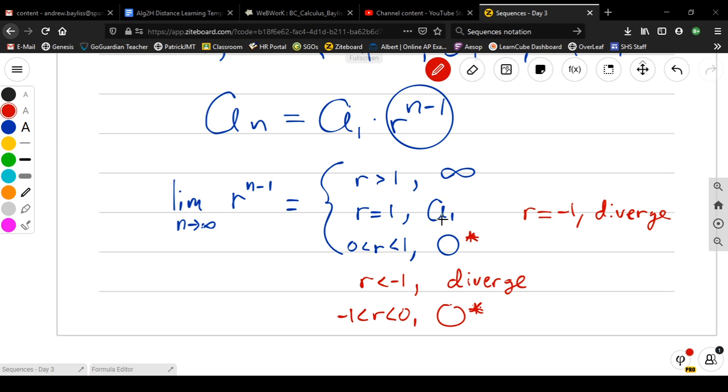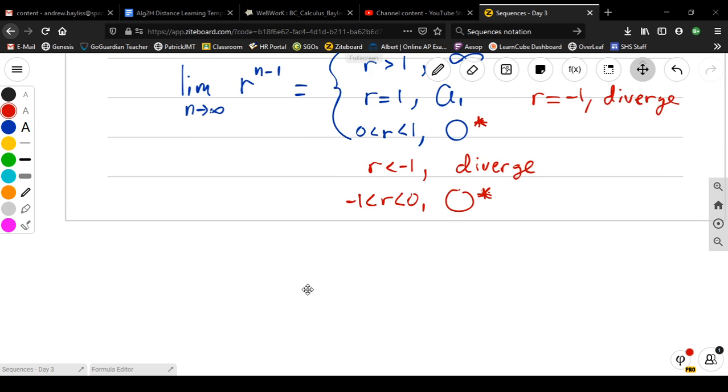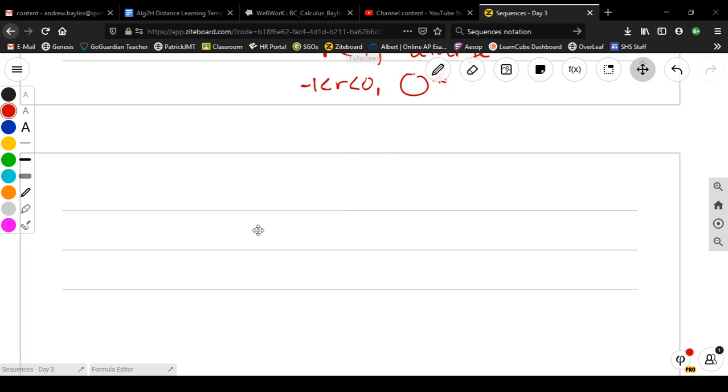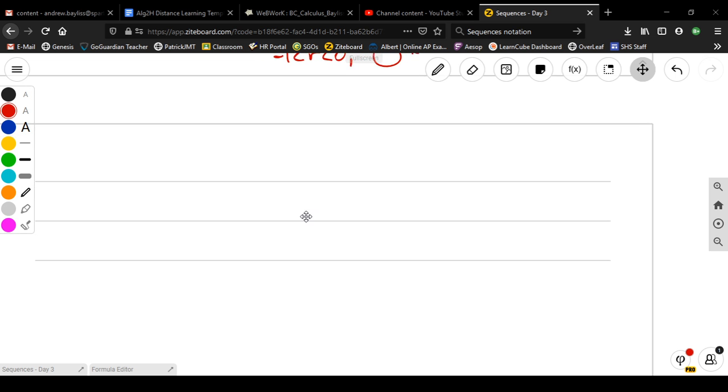It's not going to go to a sub 1, because your odd terms will be positive a sub 1 and your even terms will be negative a sub 1. So it just doesn't effectively go anywhere. So this is our geometric sequence. You will experience more of this, especially when we move on to series and talk about geometric series.